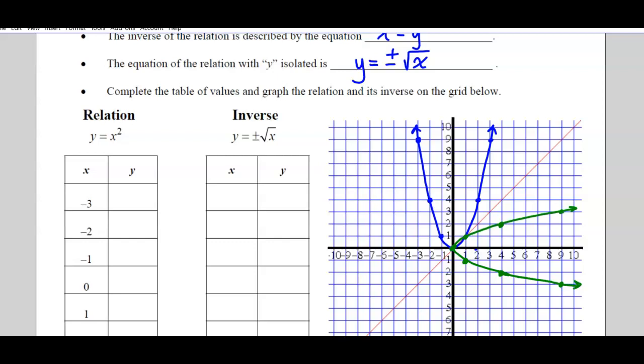And you can fill in table values if you want, but you should be able to graph that.